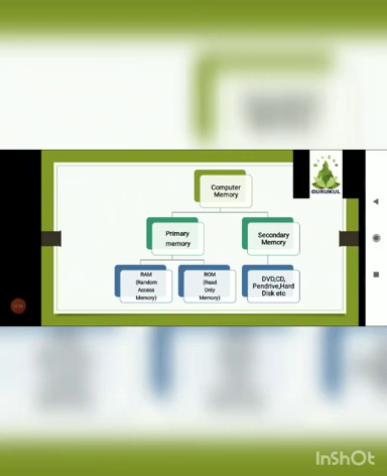The computer memory is divided into two types, primary memory and secondary memory. Before that, I would like to give you one example. In the computer lab, when the teacher tells you to draw a diagram in MS Paint, at that time, what do you do? You open MS Paint and start drawing a diagram.